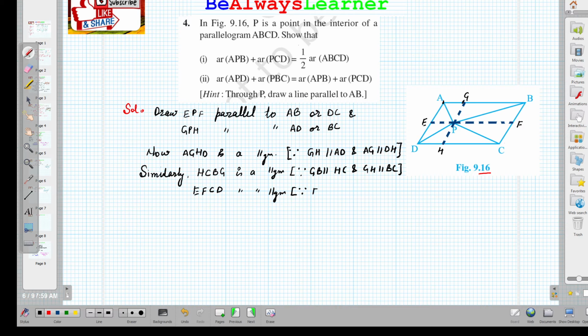This EF is parallel with DC and this DE is parallel with CF, right? The last parallelogram, that is ABFE, is a parallelogram.